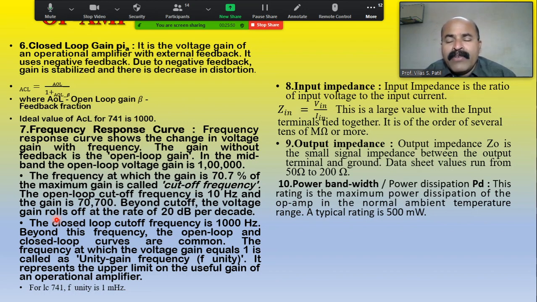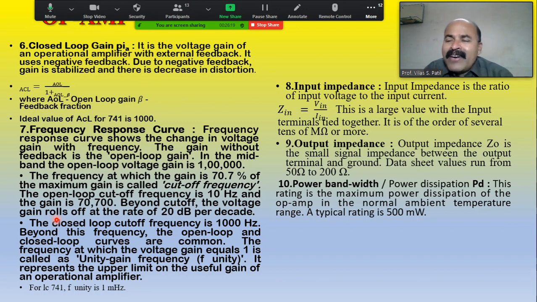That is the input impedance and bandwidth, and the power dissipation. Power dissipation is known as PD, and this rating is the maximum power dissipation.